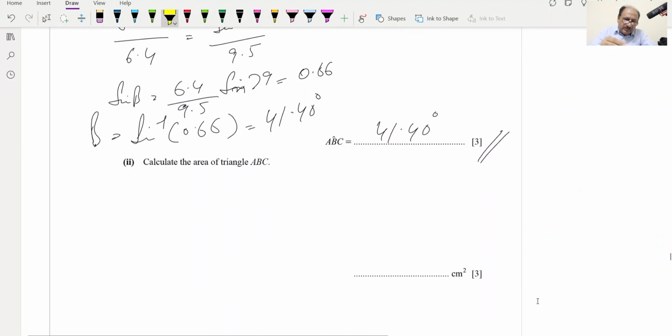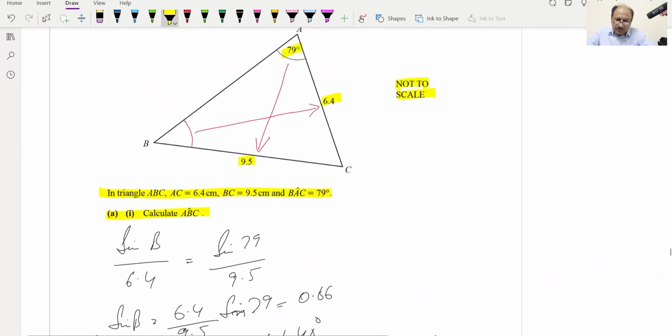Now for the second part, calculate the area of the triangle ABC. For the area of the triangle we need two sides and their included angle. Now we found this angle is 41.40. Now we can find this angle because we need two sides and the included angle.